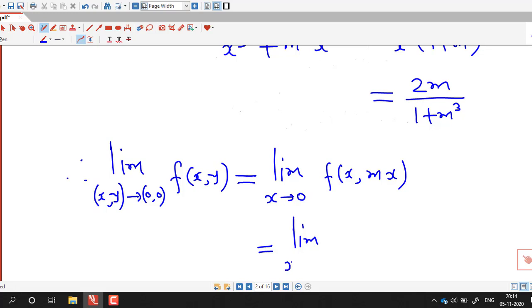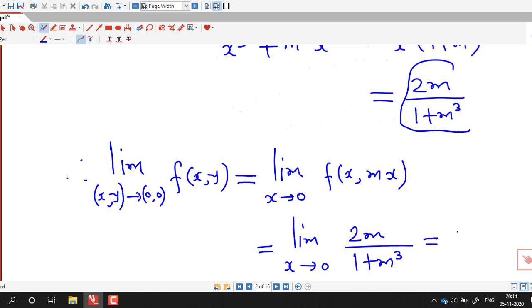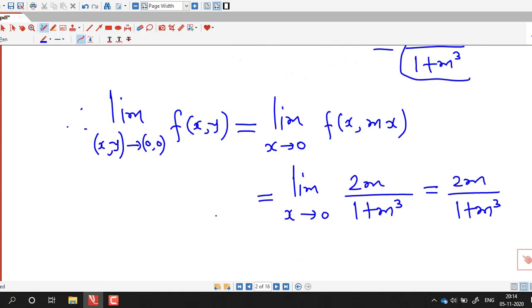So now we have seen that our function becomes 2m upon 1 plus m cube along these lines. So we put 2m upon 1 plus m cube, and this is independent of x. So limit is 2m over 1 plus m cube.